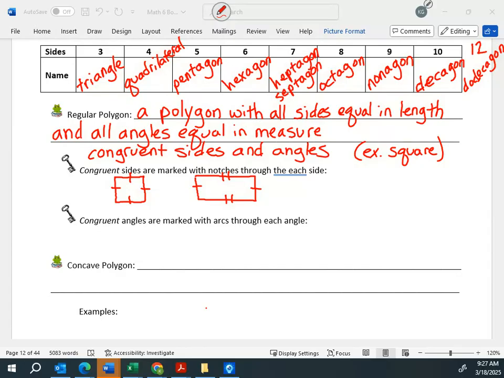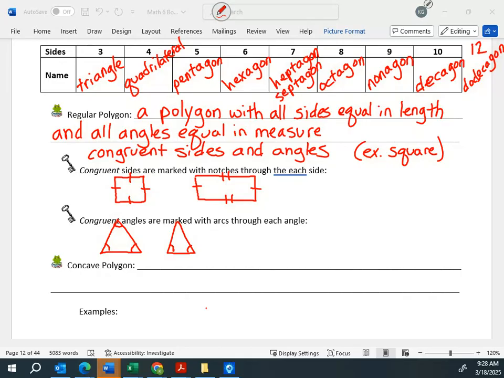Now congruent angles have the arcs. So if it's an equiangular triangle, it would have one arc for all three angles. They are congruent. An isosceles triangle would have two arcs because there are two angles that are congruent.